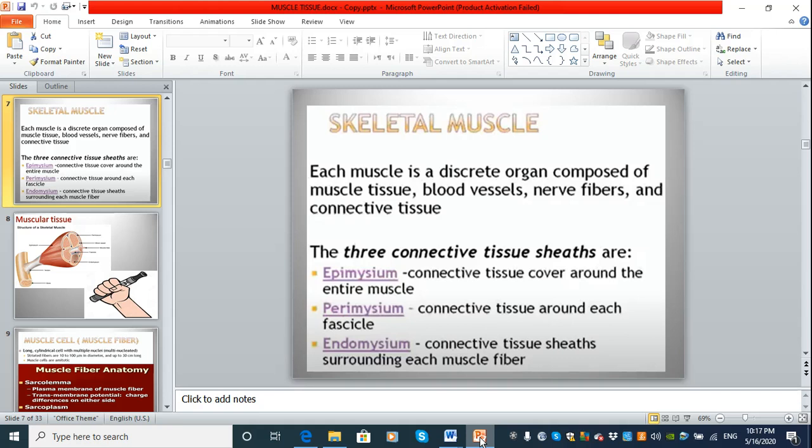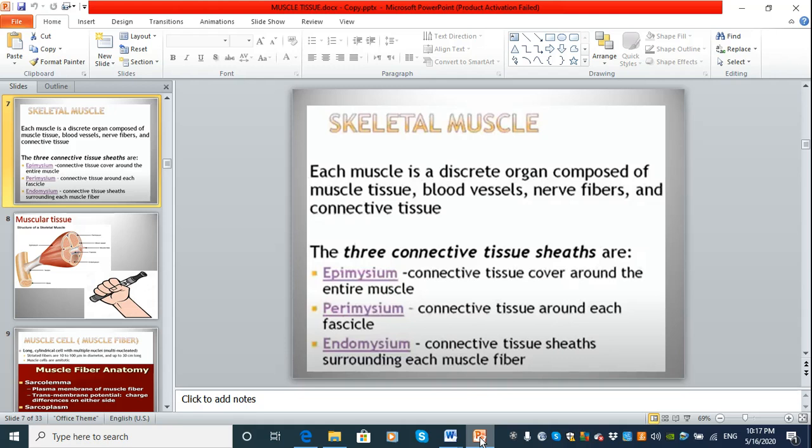From the outer, the one that surrounds the entire muscle is called epimysium, while the sheath that surrounds the fascicle, which is a group of muscle fibers, is called perimysium, while the sheath that covers the individual muscle fibers is called endomysium.